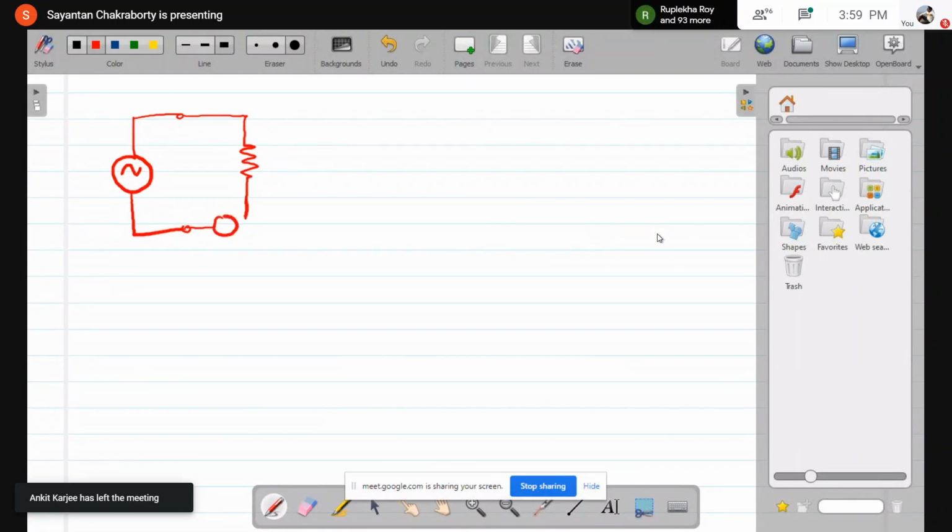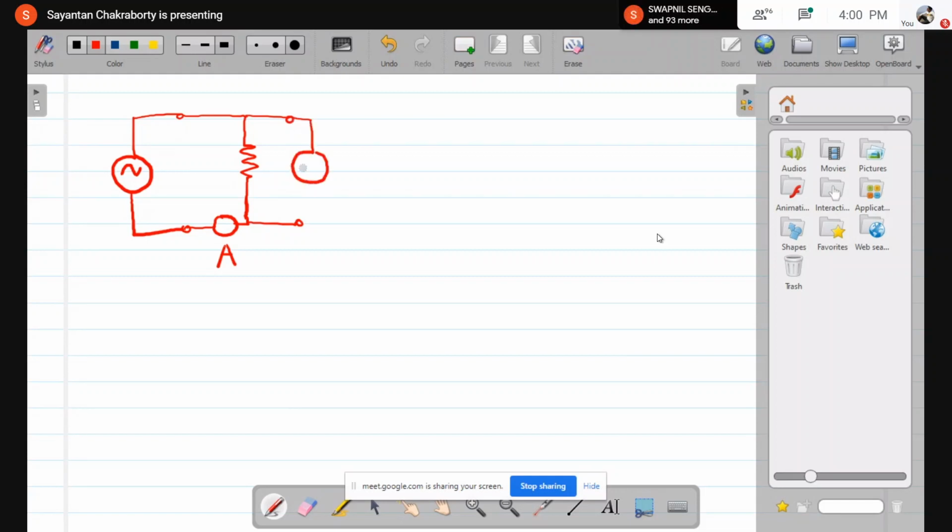We'll measure the current and the voltage, right? This is an unknown resistance, or the resistance that we want to have the VI characteristics of.